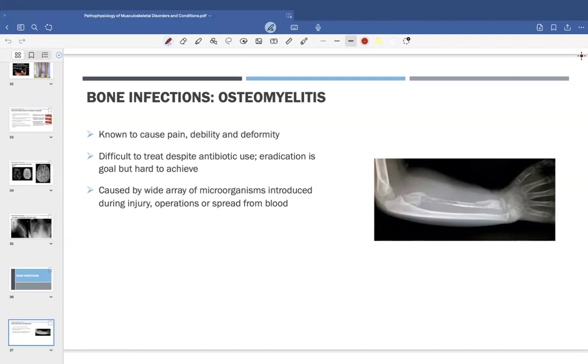I already mentioned that it's very difficult to treat because we can't get tissue levels of the antibiotics high enough, and so it's very difficult to clear osteomyelitis. So these patients often do have to have surgery and long-term, like 6 to 8 weeks of IV antibiotics.